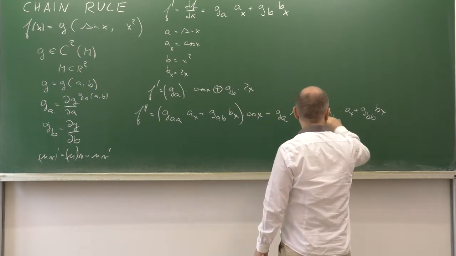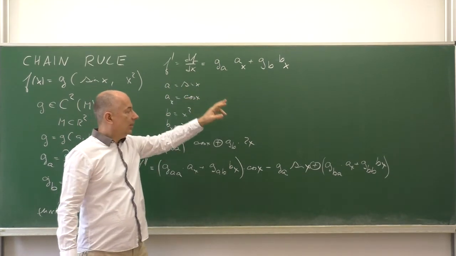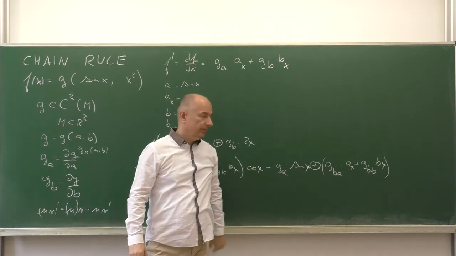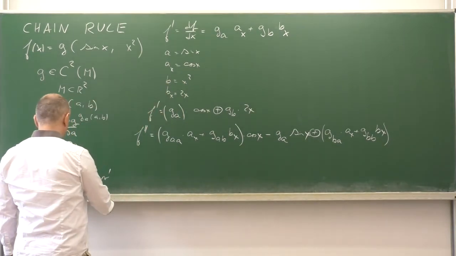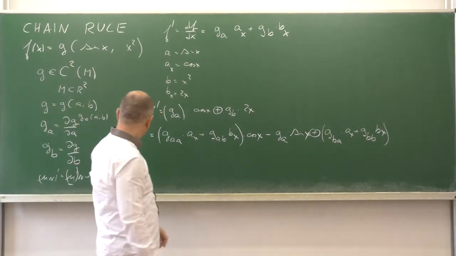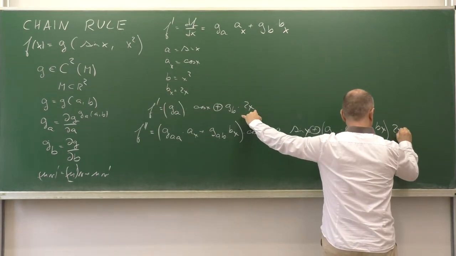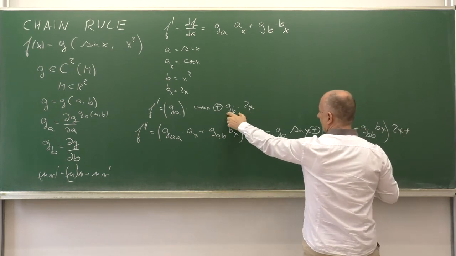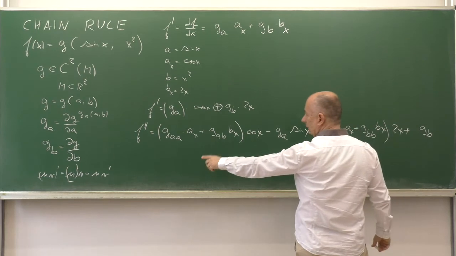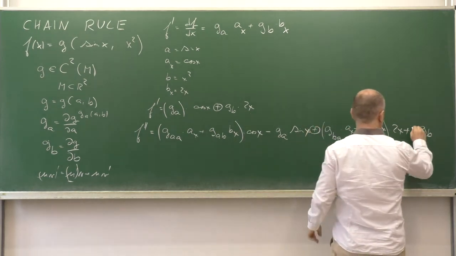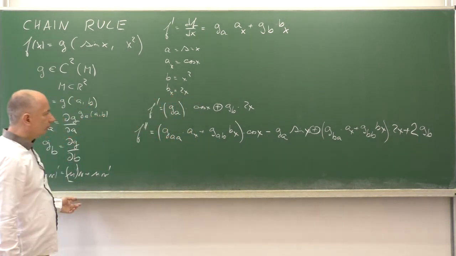You see, this is just this rule applied to gb. So this is u derivative times v plus, we copy the first and we multiply by the derivative of 2x, which is 2, and we are done.